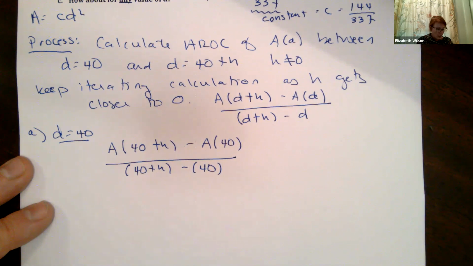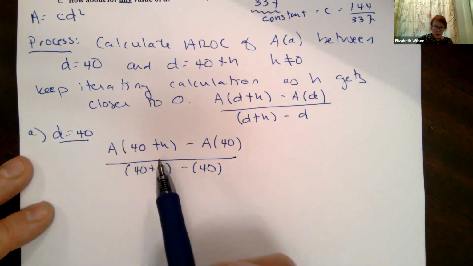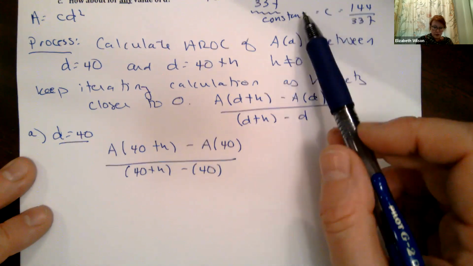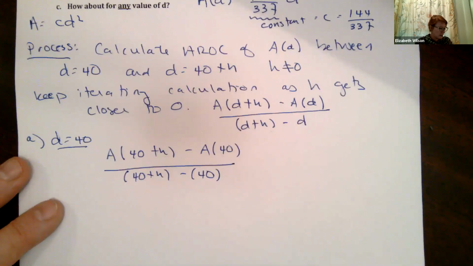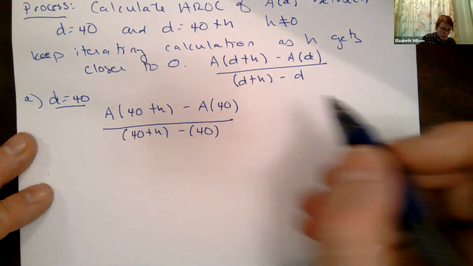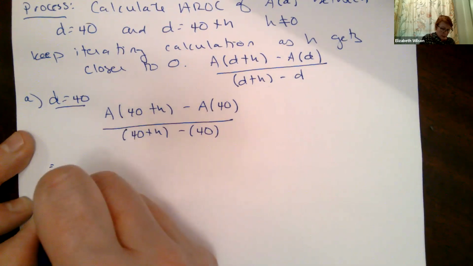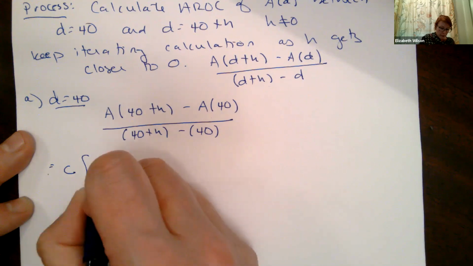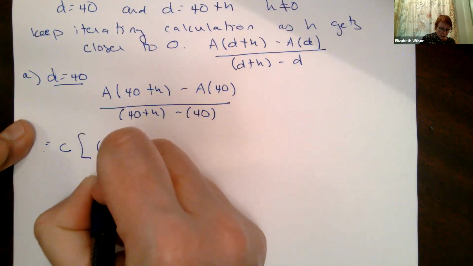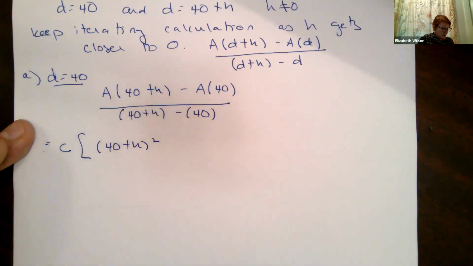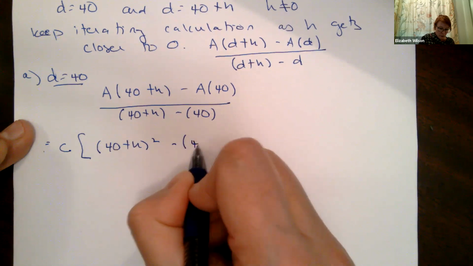Now remember how we said C was a constant, and this is our function, C d squared. So I'm going to factor out the C. I just have to remember to multiply it later. Plugging into the actual function, I've got C times 40 plus h squared minus 40 squared.